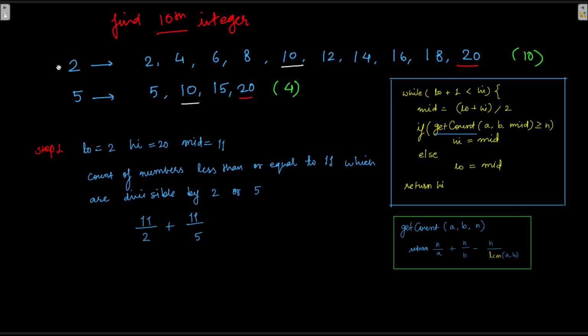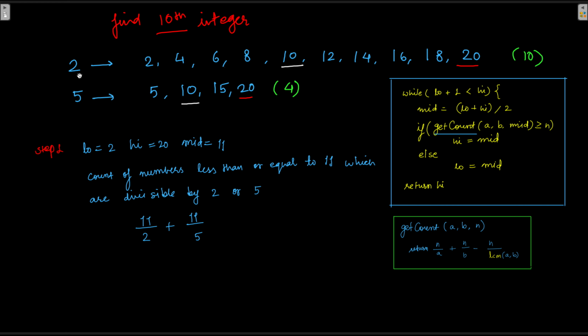In our case, it is going to be 2 and 5. For any number, we can always count the number of elements which are divisible by 2 or divisible by 5 or which are divisible by both of them.